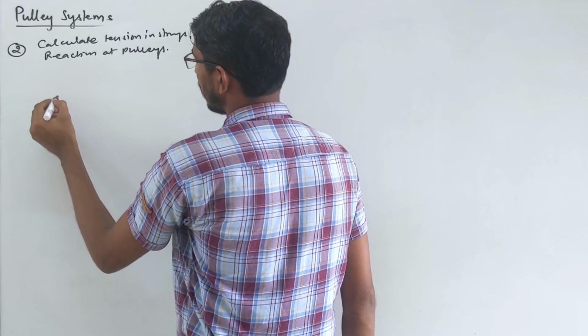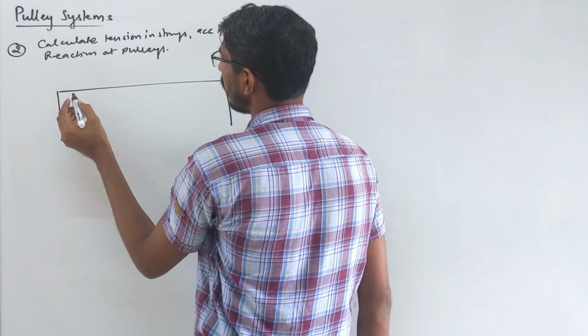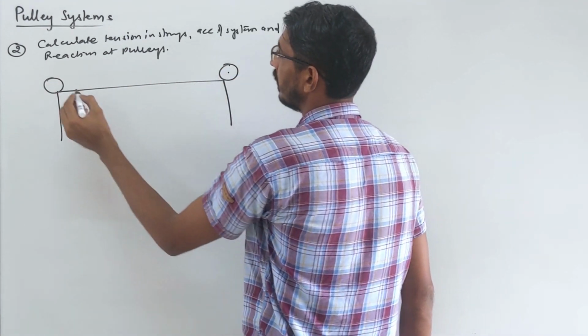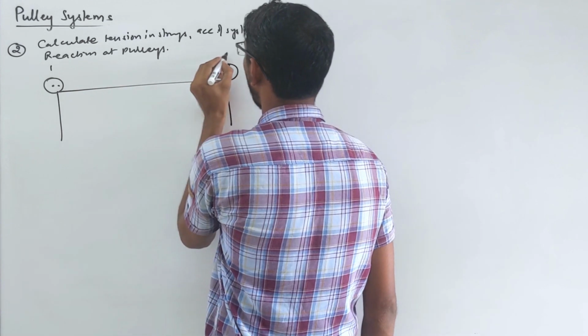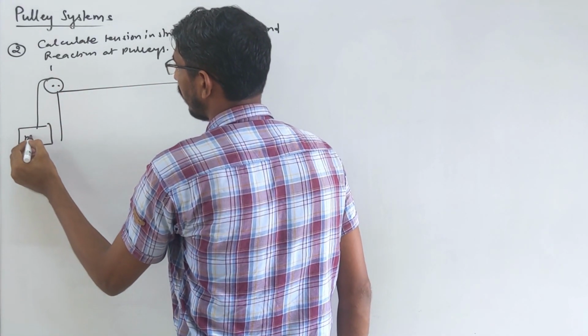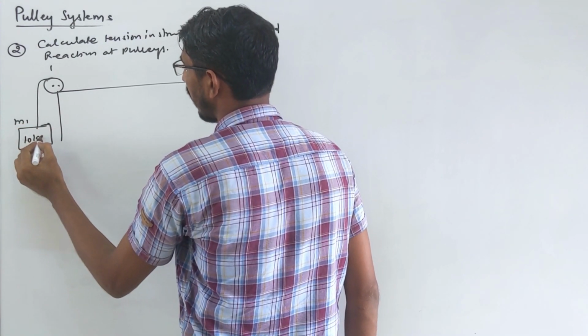So this picture is given, suppose now this is a horizontal table, and there are two pulleys, one pulley here, one pulley here, pulley number 1, pulley number 2. One block is hanging here, M1, some value 10 kg.